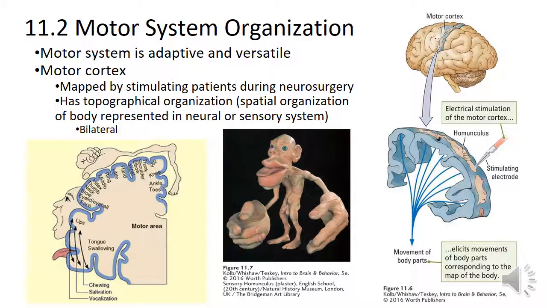The fingers are in order on the cortex. This is associated with the hand and the wrist, elbow, for example. So the body is mapped onto the cortex. And this is also called a homunculus, which means like a little man. So there's a little man mapped out on the motor cortex.